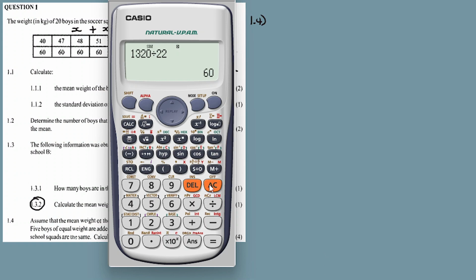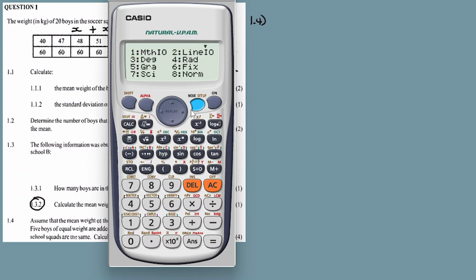Let's go back to our calculator. We press shift, then 4, then... okay, let's see under 4. I'm looking for a value.